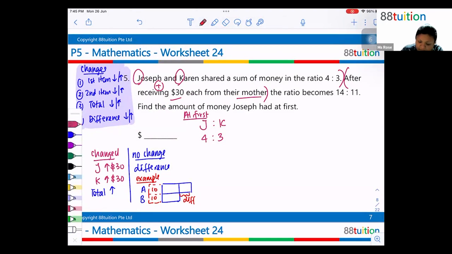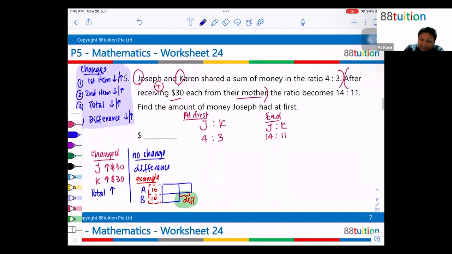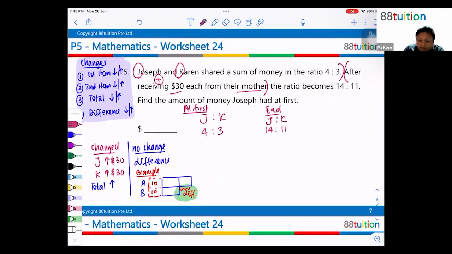Okay, now in the end, the ratio becomes 14:11. And because we say that the difference remains unchanged, the difference remains the same. That means the difference in the before ratio and the difference in the after ratio must be the same.